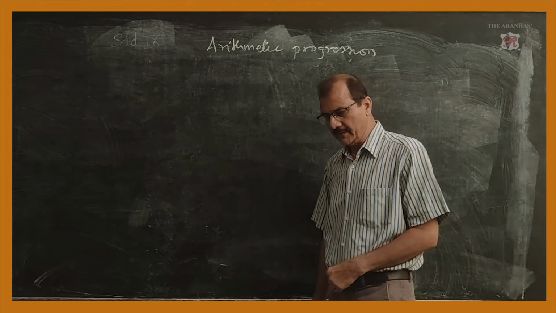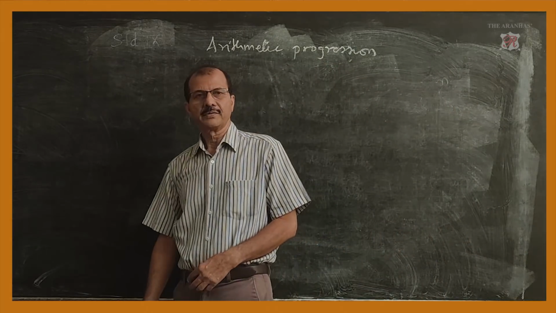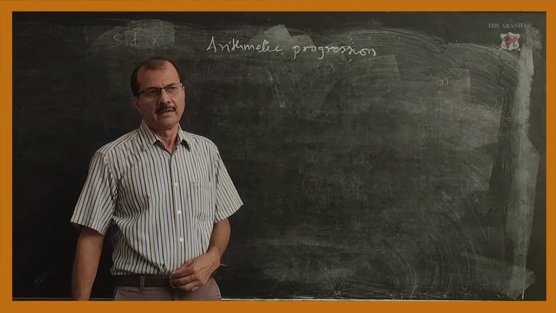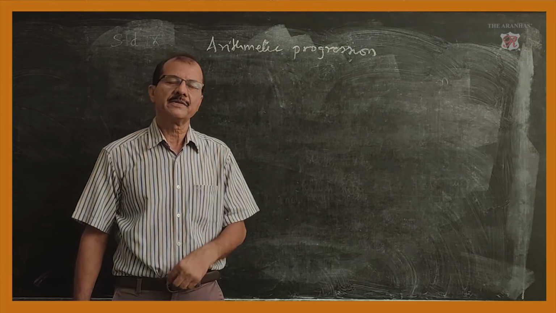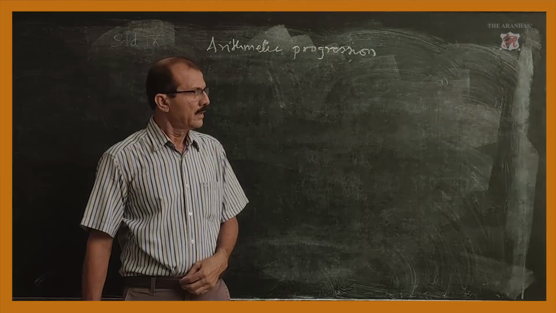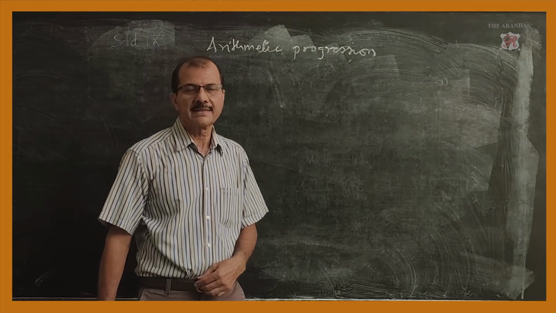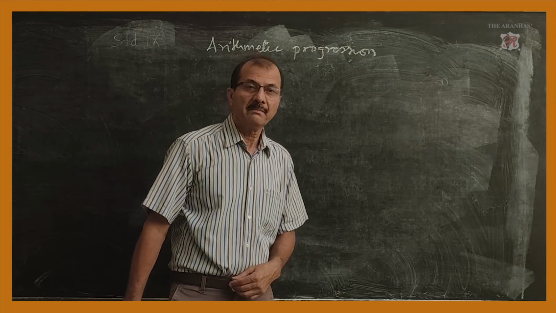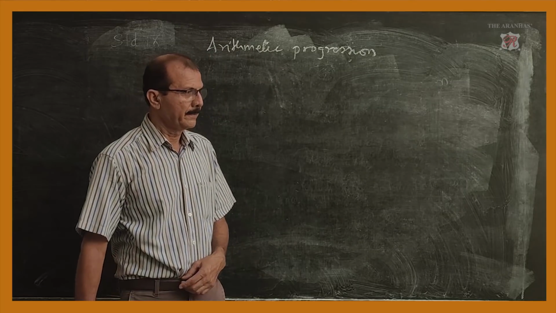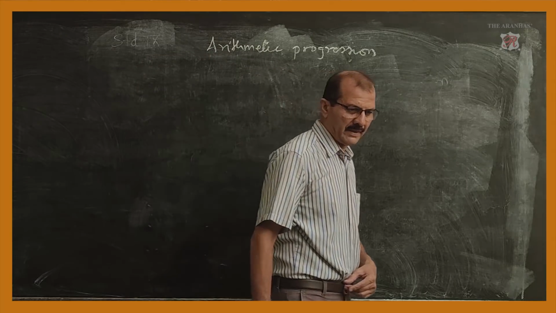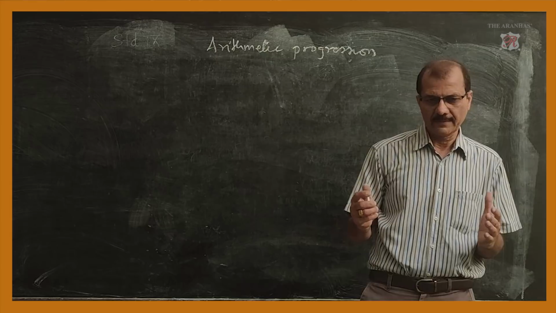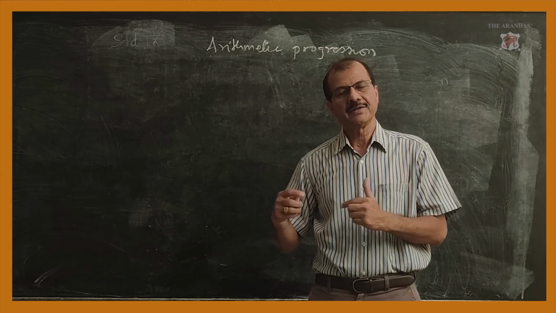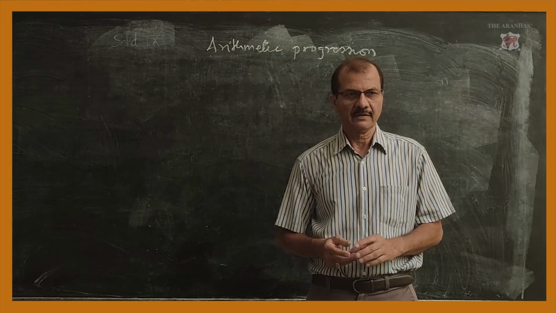In this chapter, we are going to study the new terms which are used in this. The first is sequence. What do you mean by a sequence? Sequence means when the numbers are arranged in a definite order.